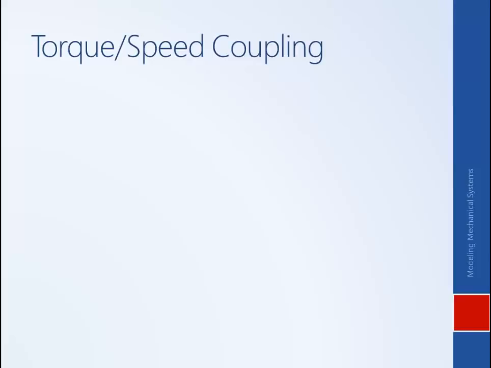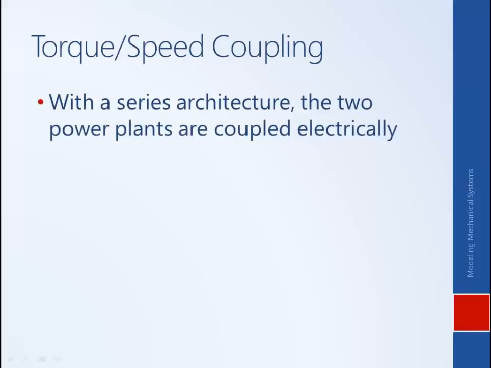Systems of gears like this are important for hybrid electric vehicles in order to couple the power from two different sources. In particular, coupling an IC engine with an electric motor, for example. With a series architecture, the two power plants are coupled electrically.